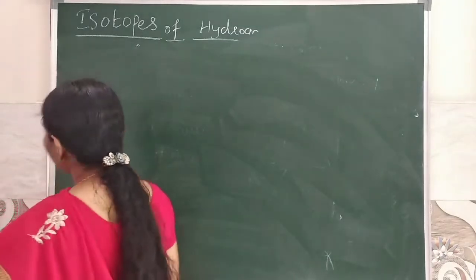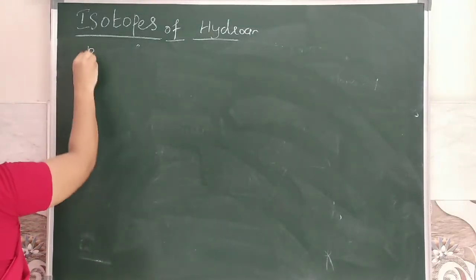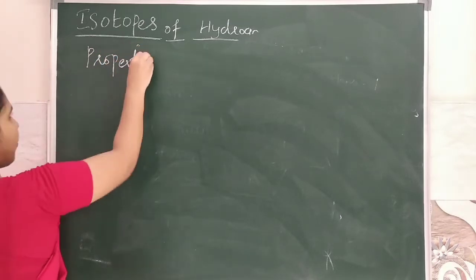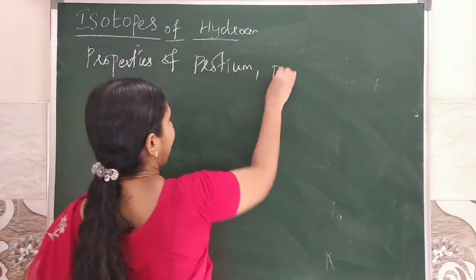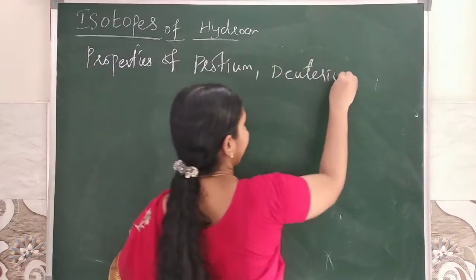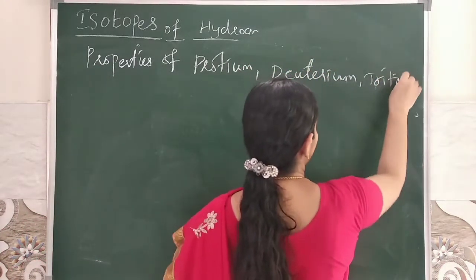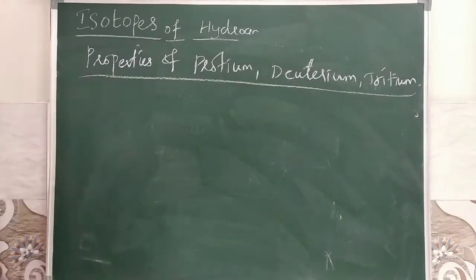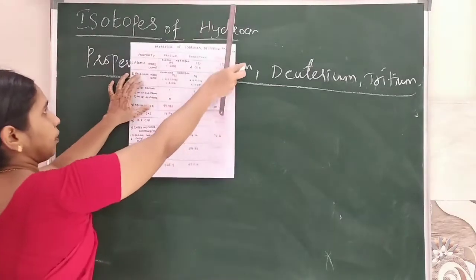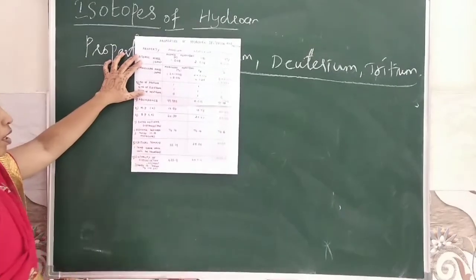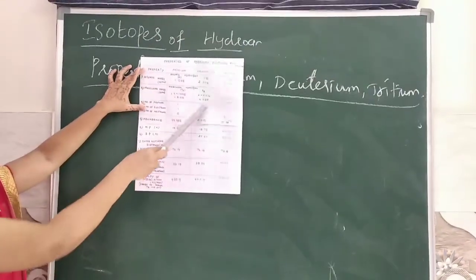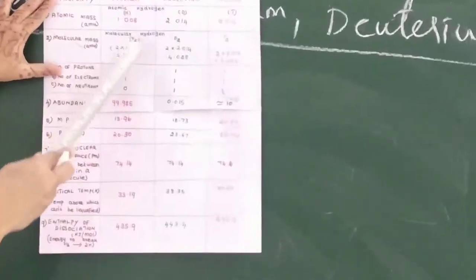What are the properties? First property is atomic mass.